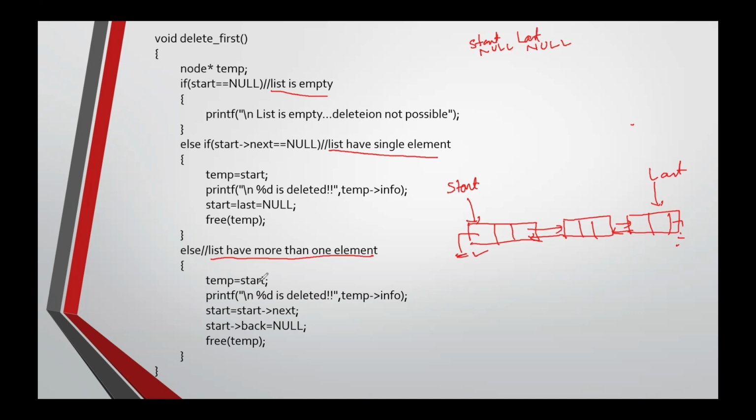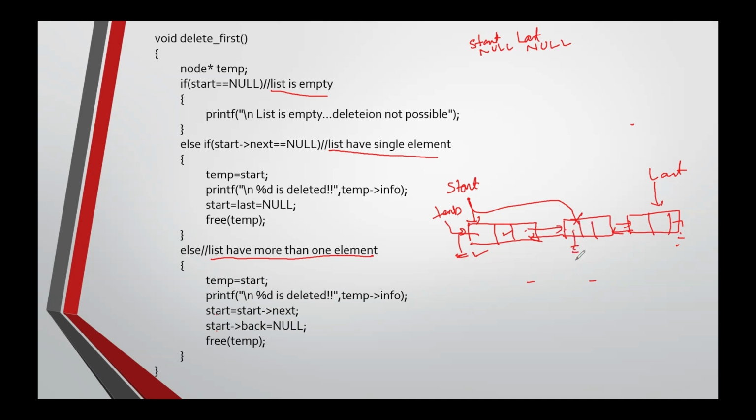So make temp equal to start. What does temp store right now? This value. Percent d, temp info. So whatever information it will display is what is going to be deleted. Then start equal to start next. What is start next? Start next is this value. Now start points to this value. Then you have to make the start back null, because this node right now stores the address of the deleted node. Whenever you make this node the first node, you have to make its back pointer null.